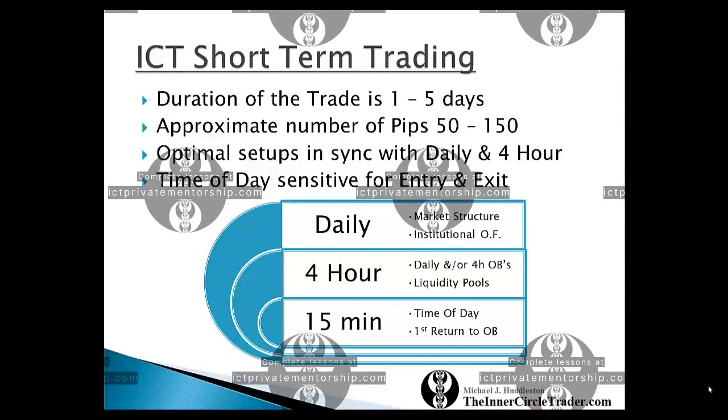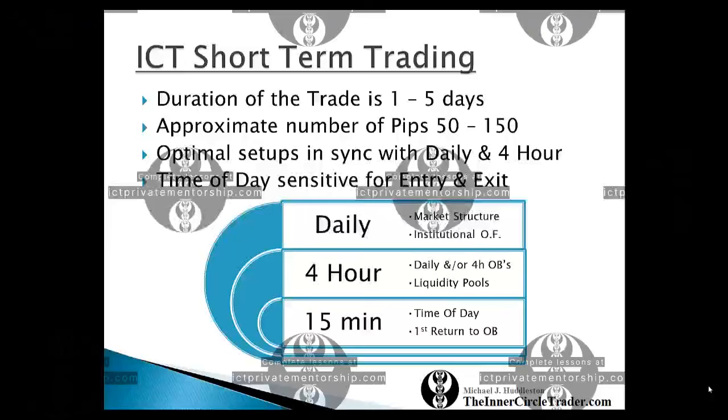Now, the structure in which you work within to frame the ideas that you're either going to be buying or selling any of your pairs or asset classes, depending upon whatever market you're trading, because this is not limited to foreign exchange. But we start with the daily chart, and we're focusing more specifically on the daily for overall market structure, key support and resistance, and institutional order flow as it relates to order blocks and liquidity voids and liquidity pools.